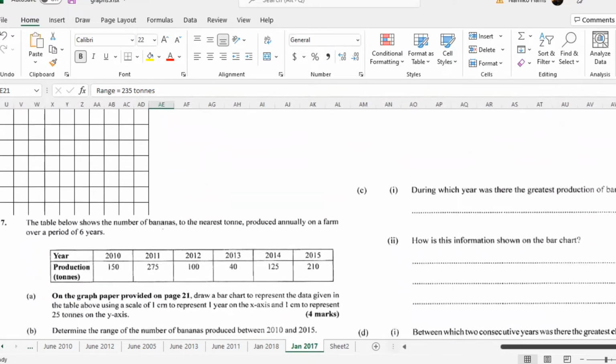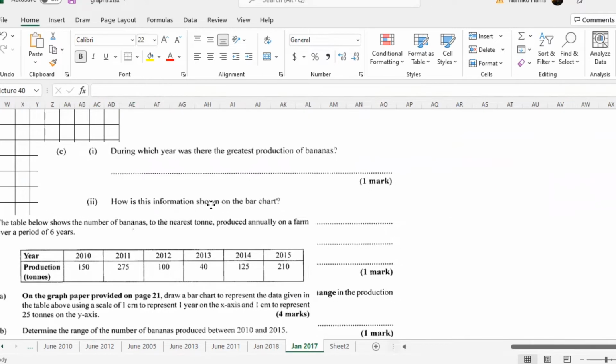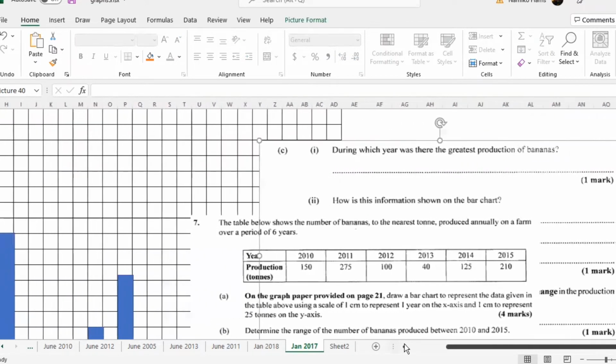So part C, it says, during which year was there the greatest production of bananas? So we can either look at our table, or we can look at our bar chart.